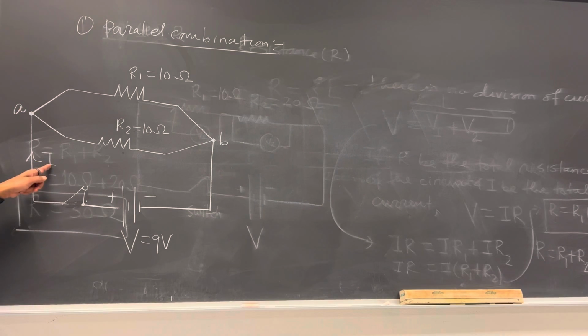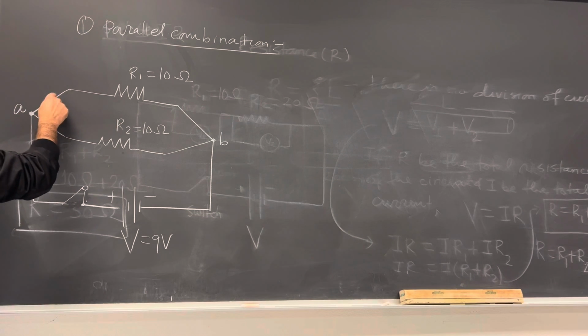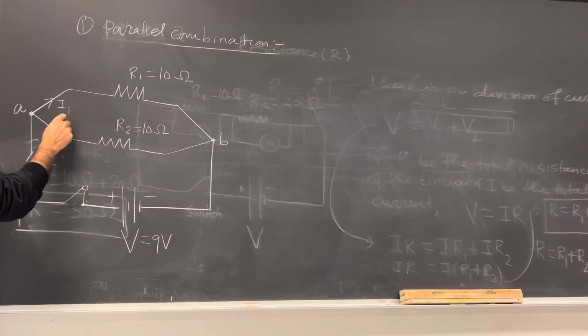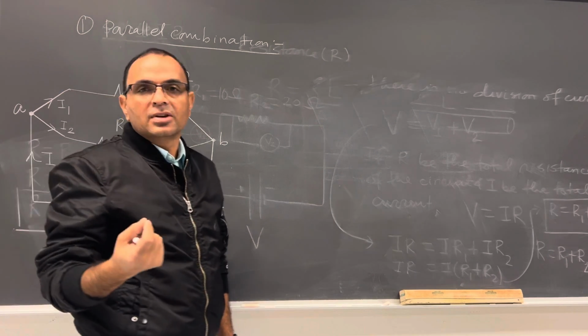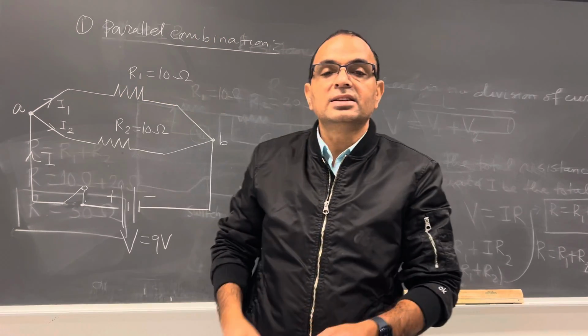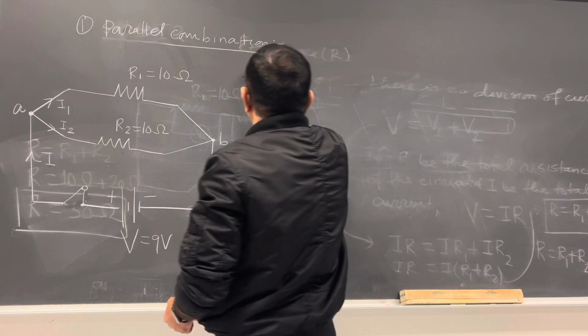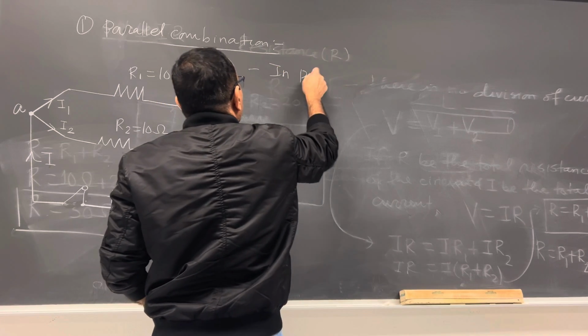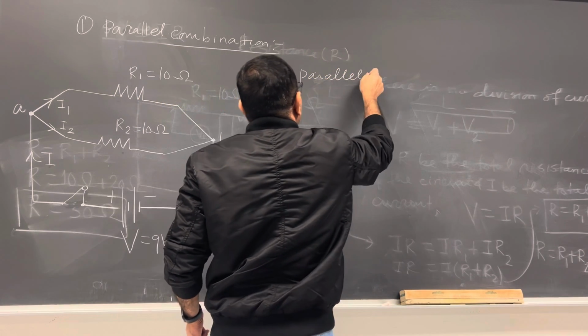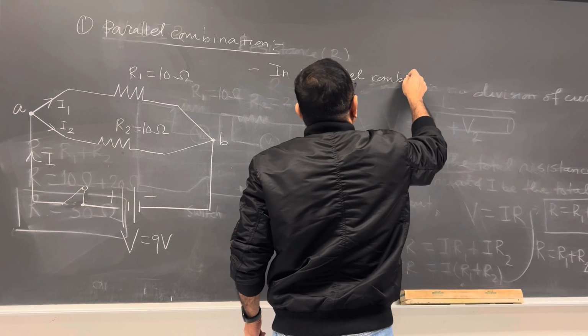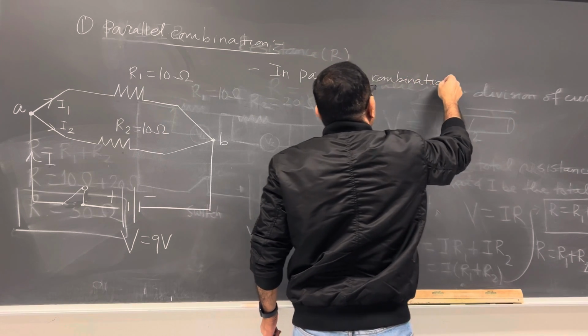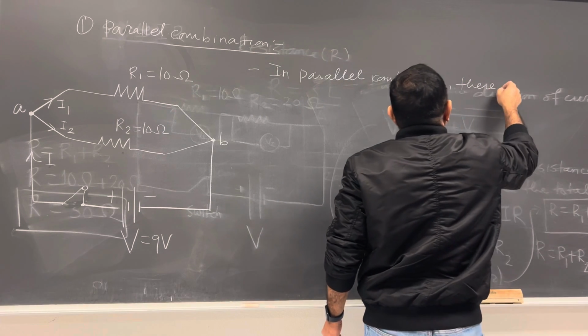Now if you have a current I here, at this point the current is divided. Let me call the current here I1 and here I2. This means if there is a division of current, that combination is the parallel combination. Okay, so in parallel combination, there is division of current.